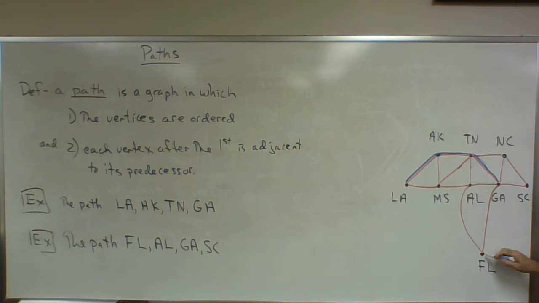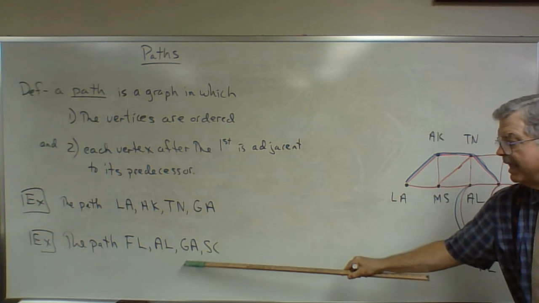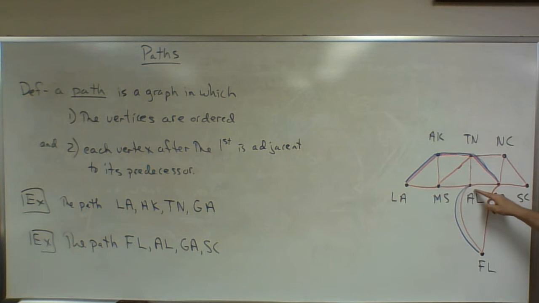We start in Florida. That's the first vertex, and we go to Alabama, the second vertex. And were these two adjacent? Absolutely. They're joined by an edge. Then we go from Alabama to Georgia. Are these two adjacent? Yep, they're joined by an edge. And then we go from Georgia to South Carolina.